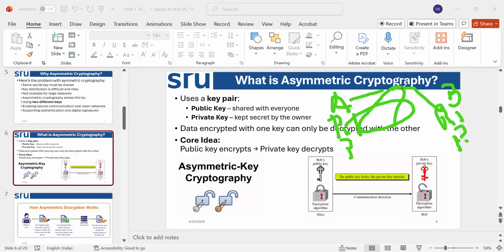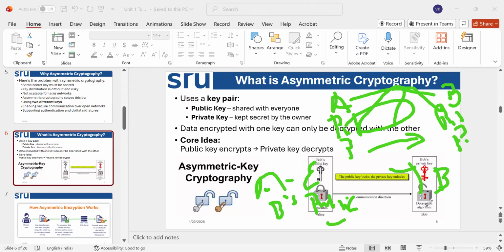If A wants to send a message to B, then A will encrypt the message with B's public key. When the message reaches B, B decrypts it with B's private key.